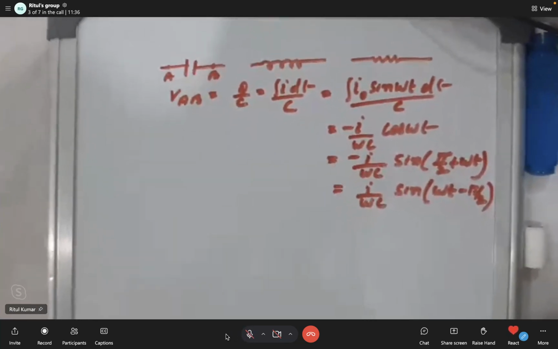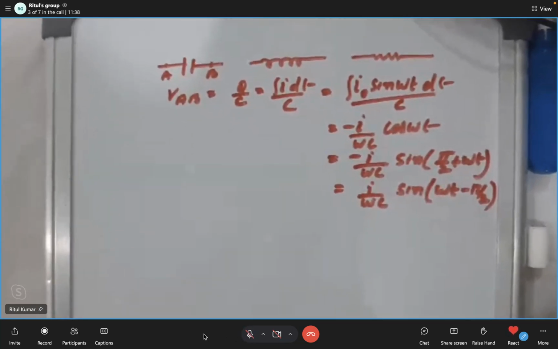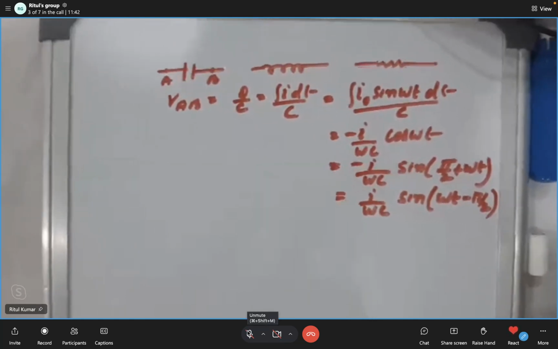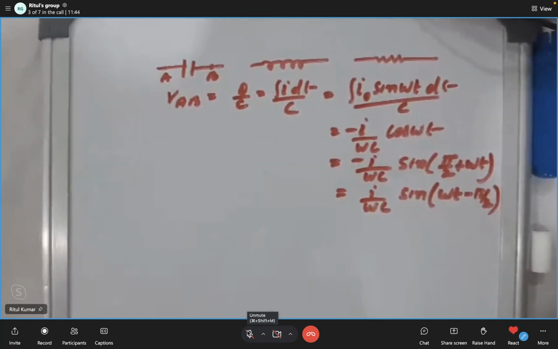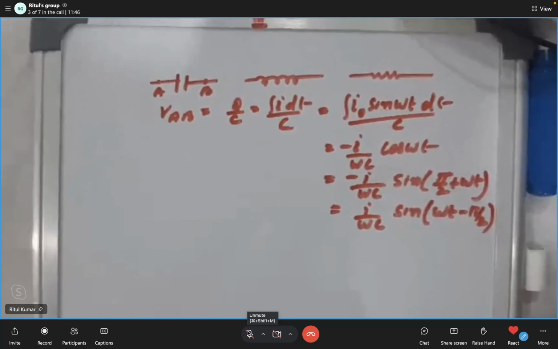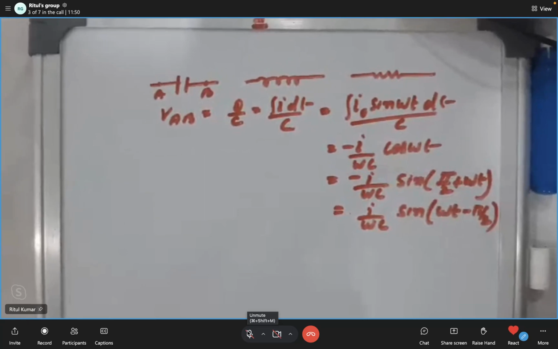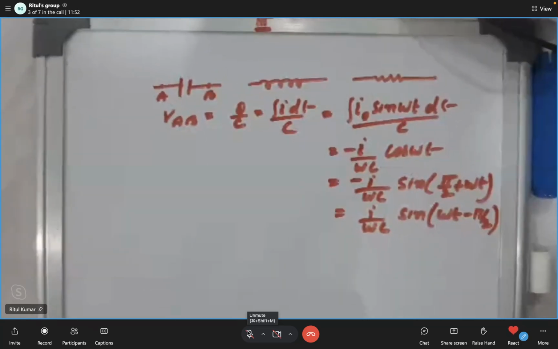Yes, sir. Of the two, which one should we go with? The one which is getting us rid of omega t. So we go with the second one. And the second one is indicative of voltage lagging by pi by 2. Lagging by pi by 2 in which circuit? Capacitive circuit, purely capacitive circuit.